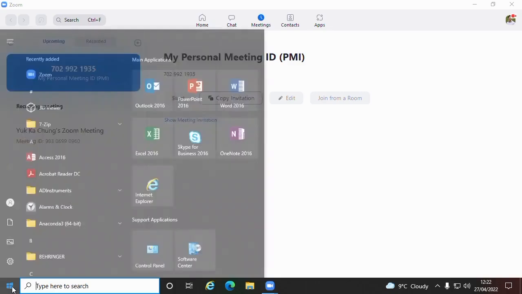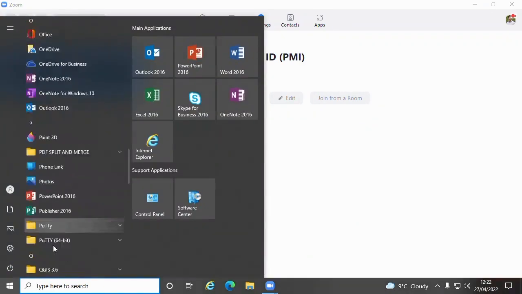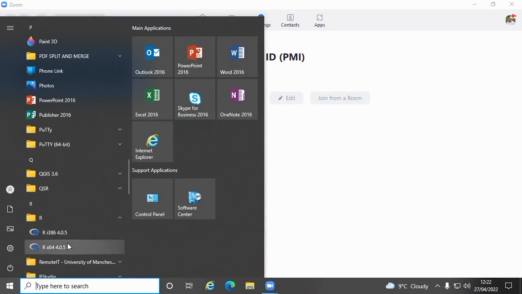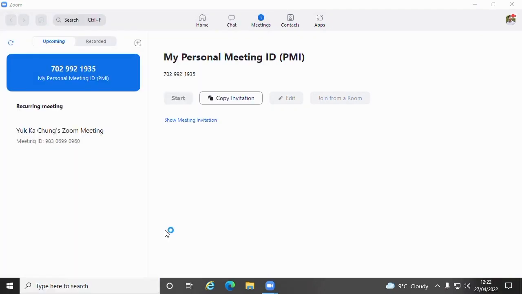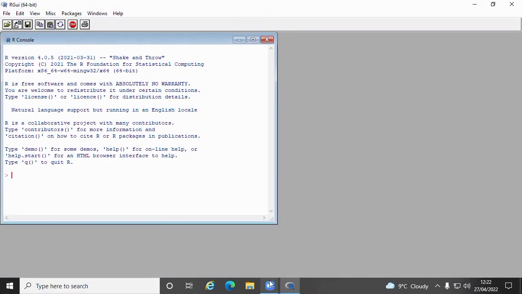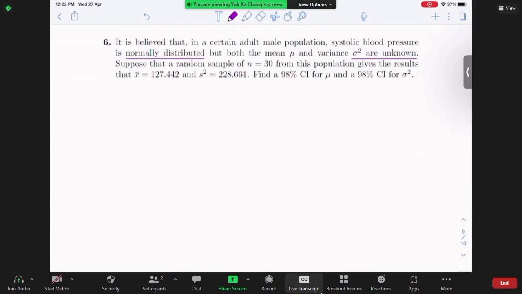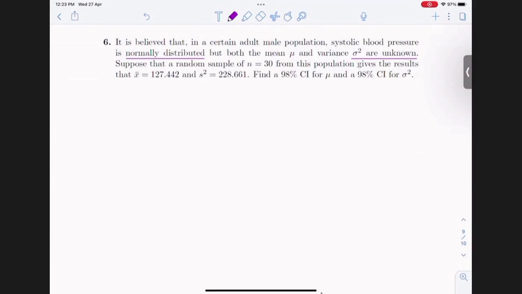It's part of the same. Those are the two things.